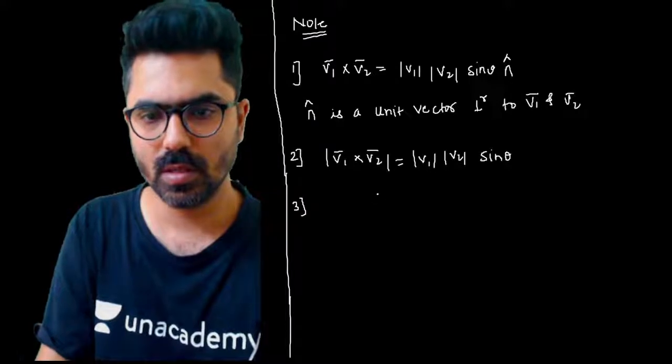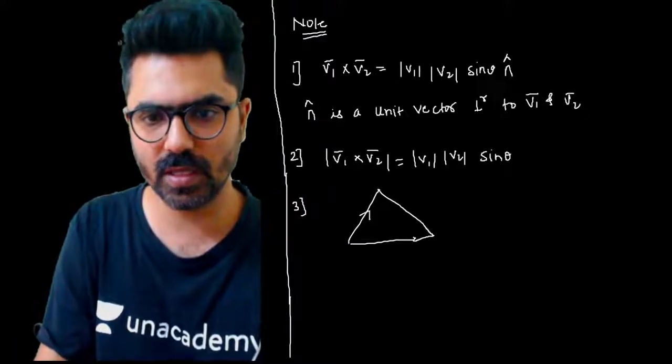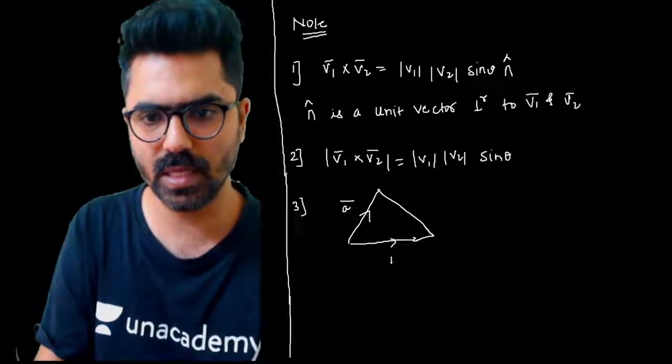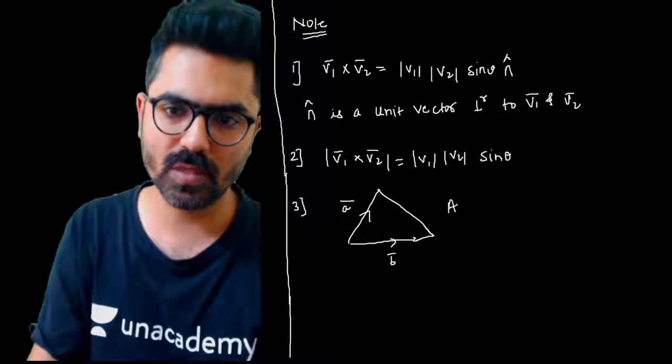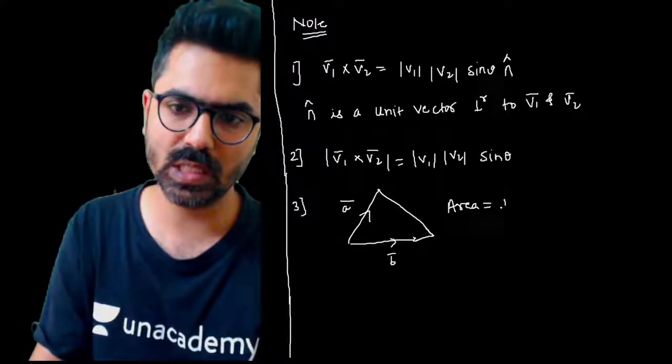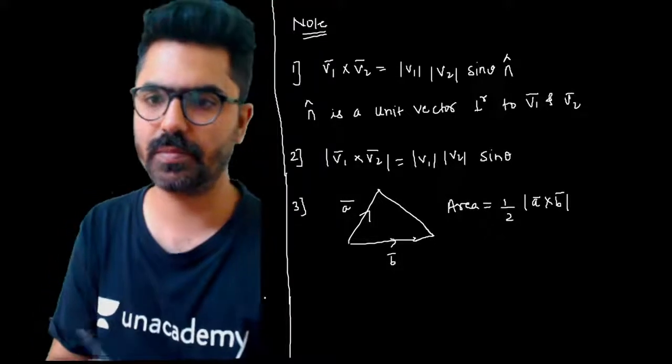Third note point. If there is a triangle with vector A and vector B as adjacent vectors given to you, then the area of this triangle is half of A vector cross B vector.